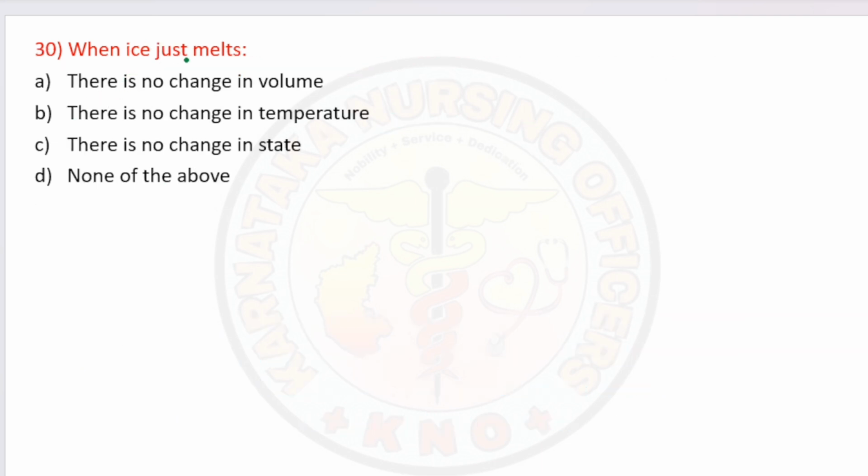Next question. When ice just melts, option A, there is no change in volume. Option B, there is no change in temperature. Option C, there is no change in state. And option D, none of the above. See here. When ice just melts, obviously the volume changes, right?